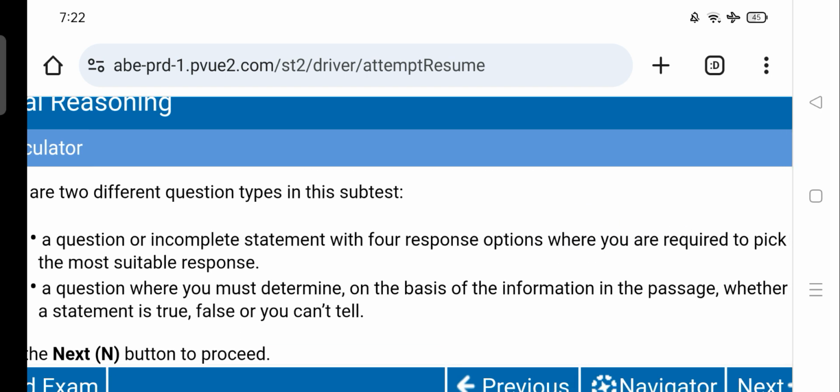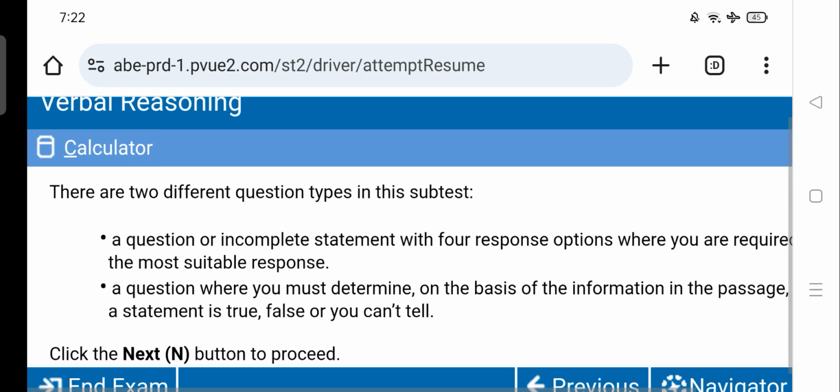Option A, a question or incomplete statement with 4 response options, where you are required to pick the most suitable response. And a question where you must determine, on the basis of the information in the passage, whether a statement is true, false, or you can't tell.